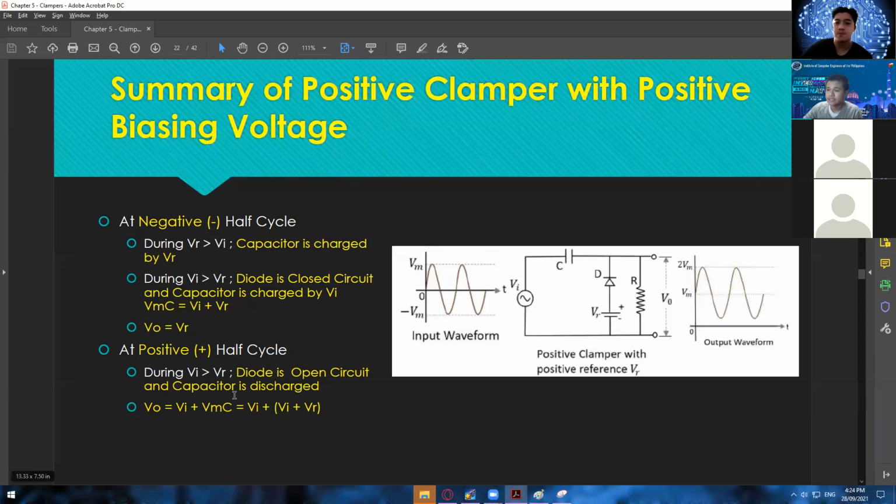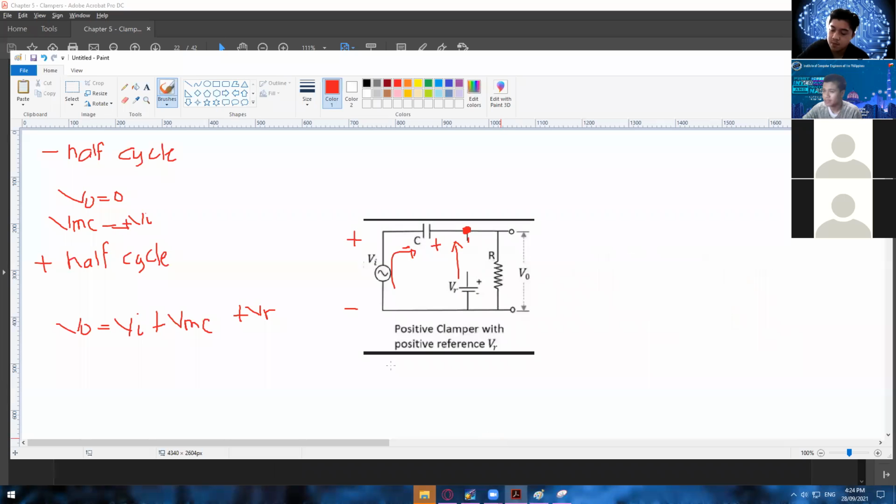So this is the formula for the VO for the positive half cycle, and then VO for the negative half cycle. Oops, wait, it seems that I made a mistake. What did I put here? VO is equal to 0. Negative, negative, positive.